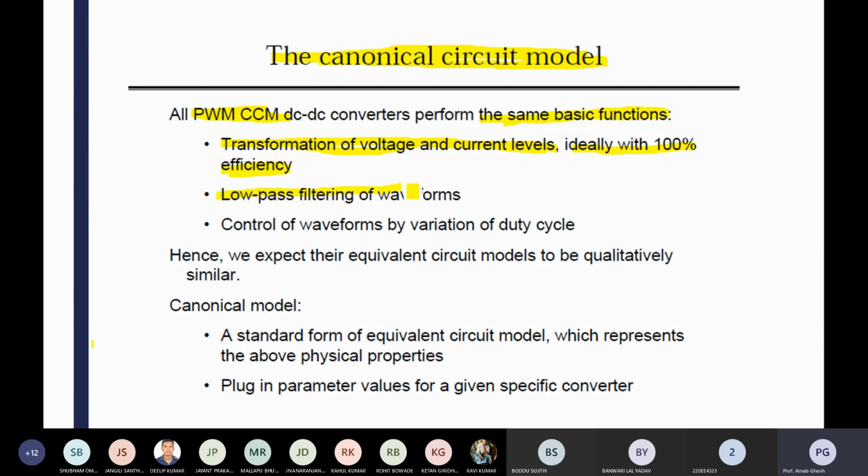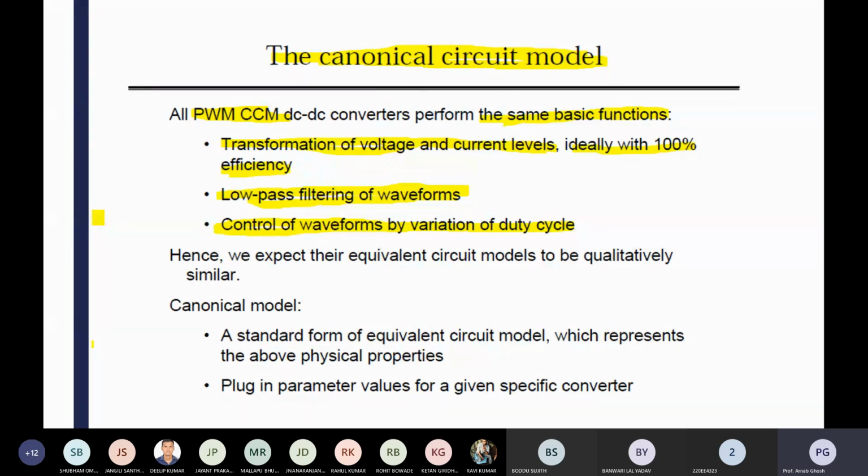Number two, the low pass filtering of waveforms, and control of waveforms by variation of duty cycle. Low pass filtering of the waveform means reduction of harmonics. The switching frequency is high, so how much you are able to reduce the switching harmonics matters.